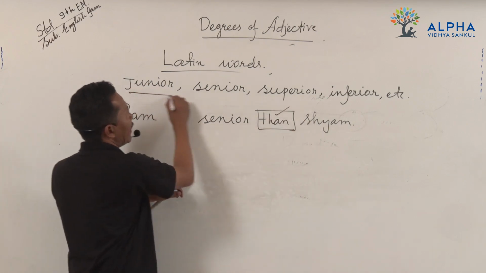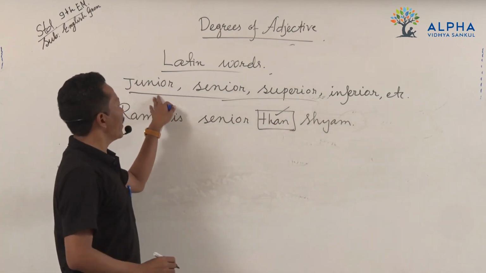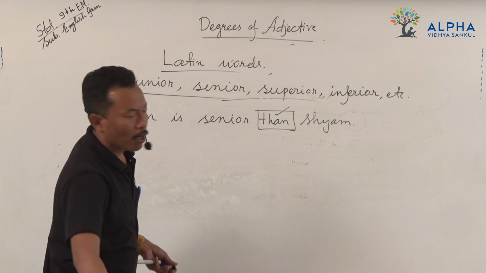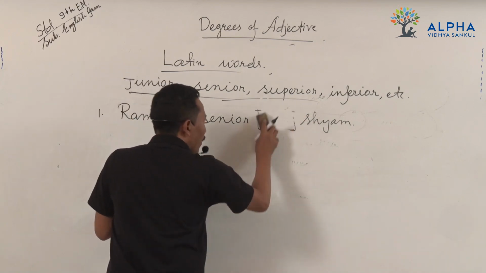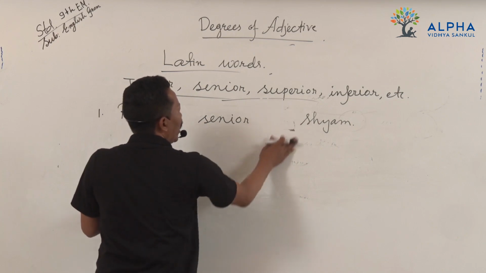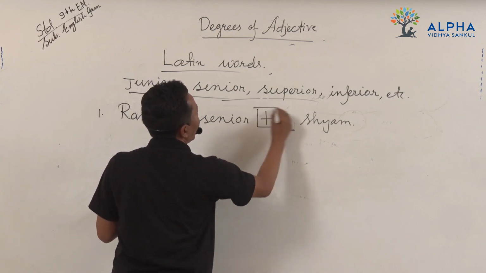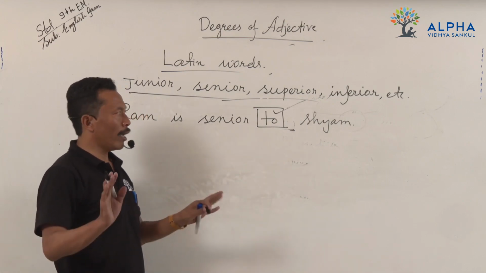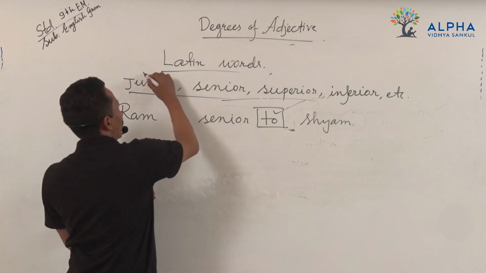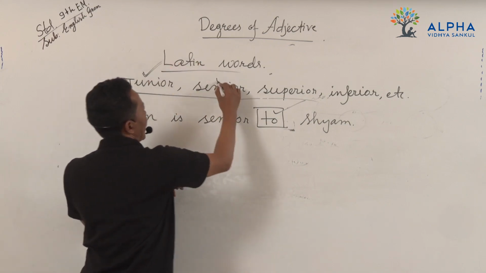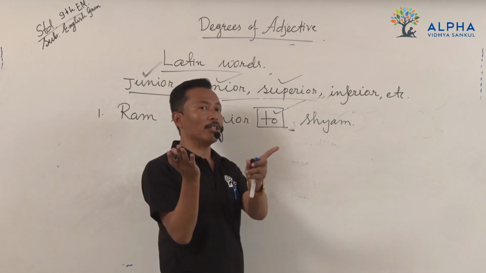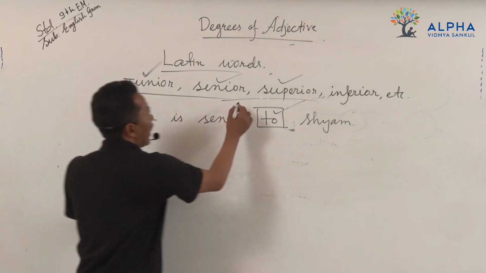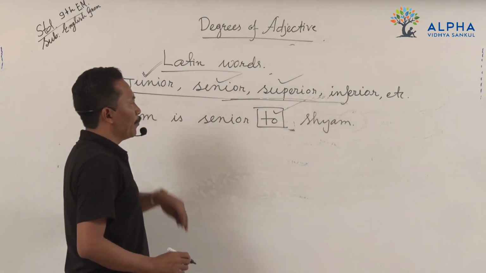But these, derived from the Latin words, junior, senior, superior, inferior, exterior, anterior, for these comparative degrees we will use to. Don't forget this. And this is Ram is senior to Sam. Okay, I'm not talking only here, old, senior to, junior to, superior to. Superior than is wrong. And inferior than is wrong. Inferior to. So you have to learn by heart these comparative degrees.